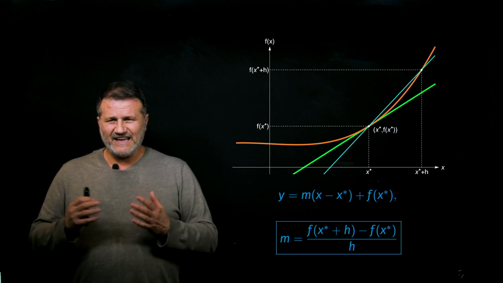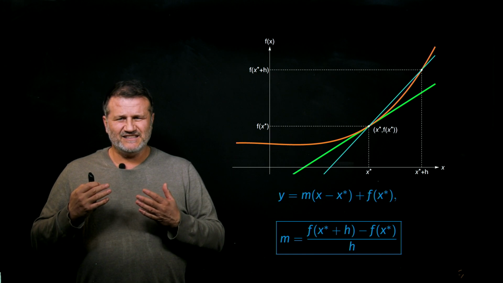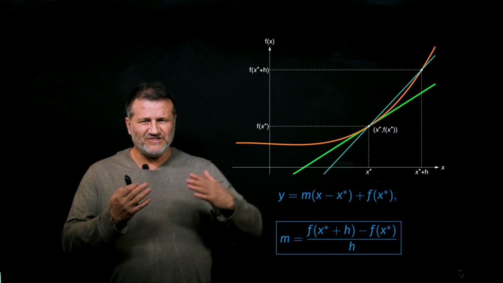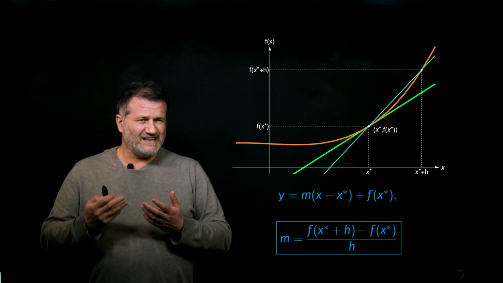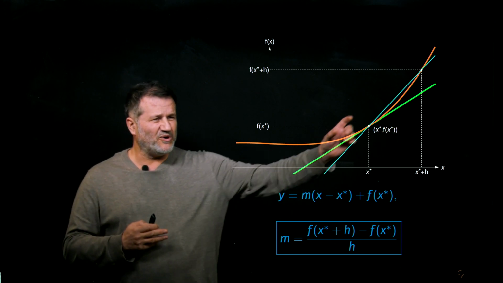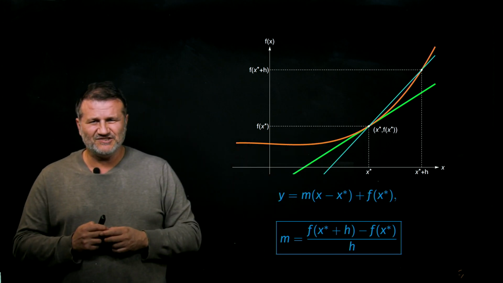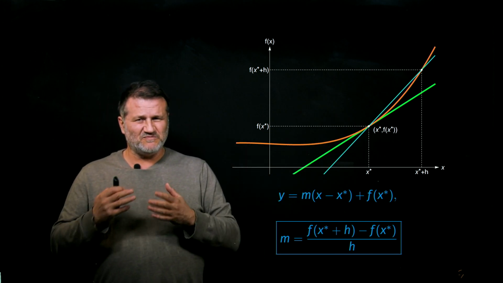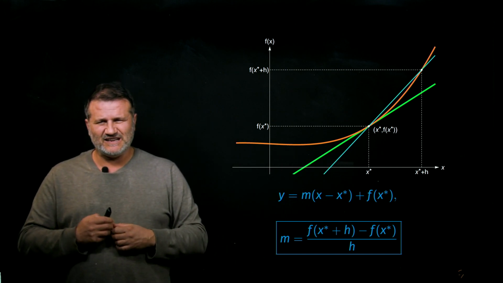Now, by varying h, as h becomes smaller, the second line tends to rotate, approaching a limit position. Ideally, as h goes to 0, the 2 passage points tend to coincide, generating a line that in principle should pass only through the point (x*, f(x*)), or at least near it.